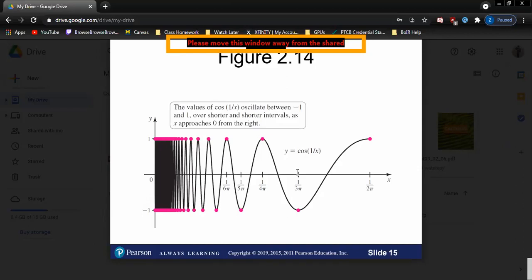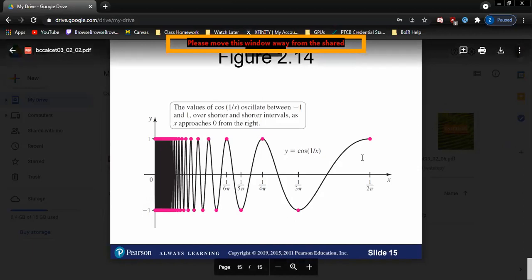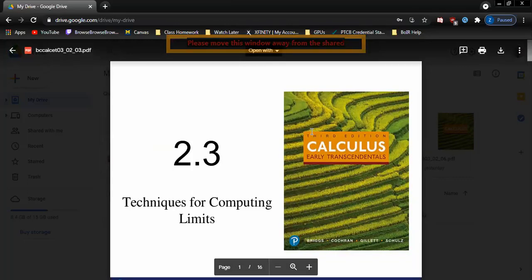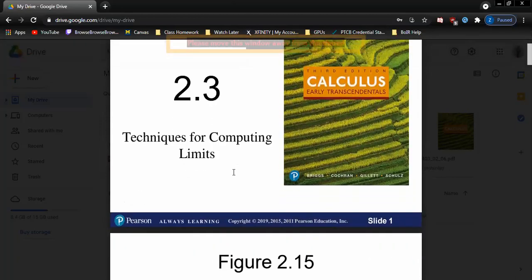Okay, let's go to the next slide and see what more information you can see. Okay, 2.3. Now we have the techniques for computing limits.